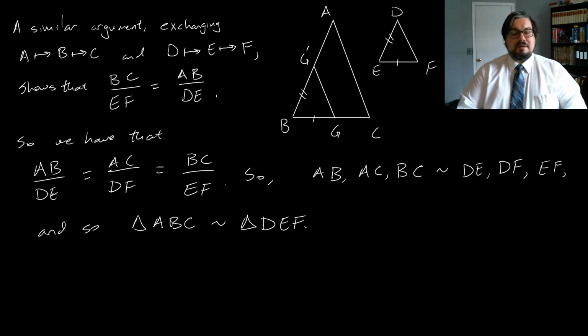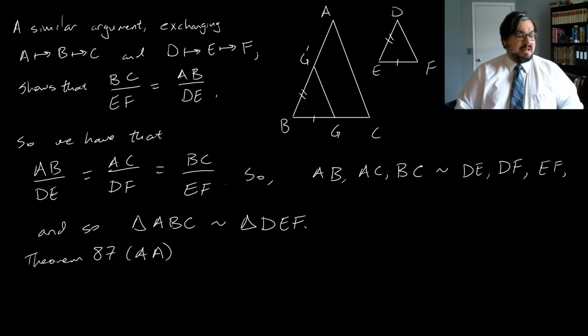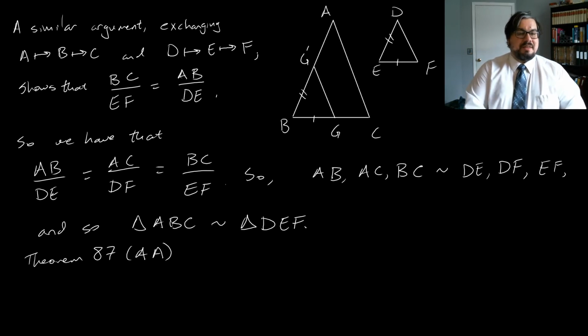Now, an immediate consequence of this is that we don't actually need to know that three pairs of angles are congruent. We just know two pairs of angles. So Theorem 87 we'll often refer to as angle-angle, and in fact we'll use this a whole lot more than Theorem 86. Actually, this is a corollary in the notes.